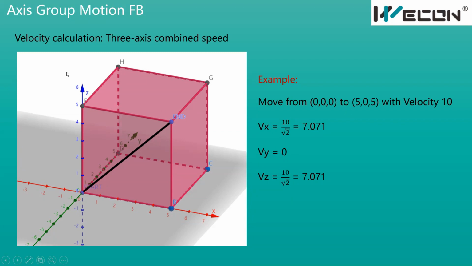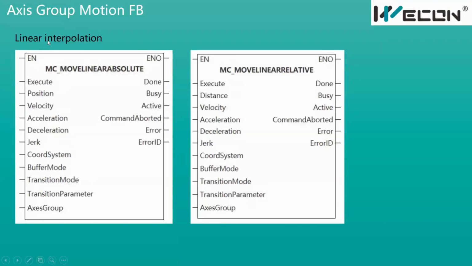This is how to define the velocity with linear interpolation.